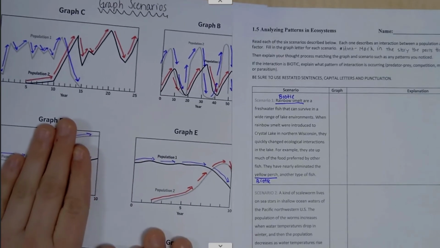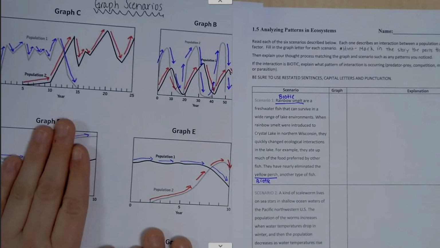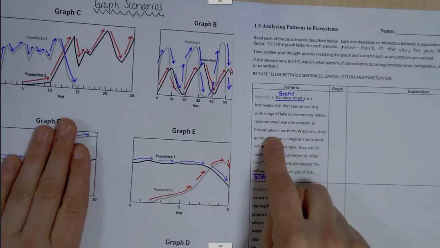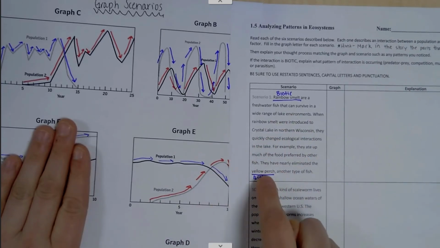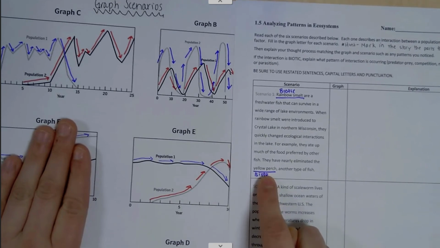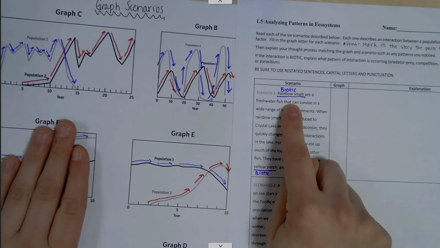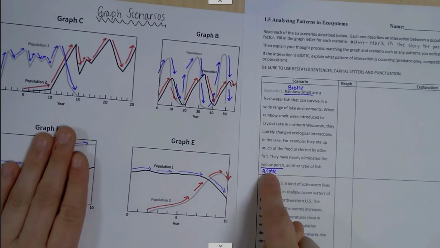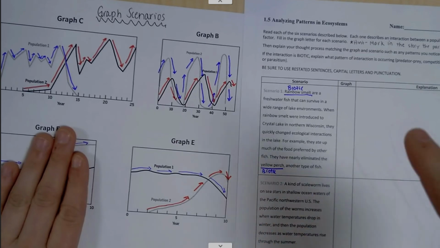So now that I know it's between the rainbow smelt and the yellow perch, if I'm looking back at it, it says that the rainbow smelt were introduced into this lake. So we know that the yellow perch were the original population, and they were doing fine until the rainbow smelt came in. So if I'm looking at these 3 graphs, I would probably see if the yellow perch were fine, they might increase, they're probably staying about the same, increase, decrease, that sort of thing.